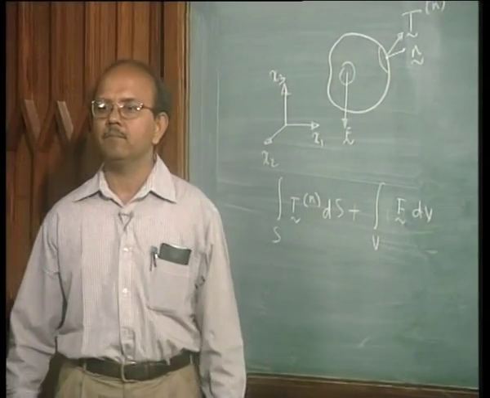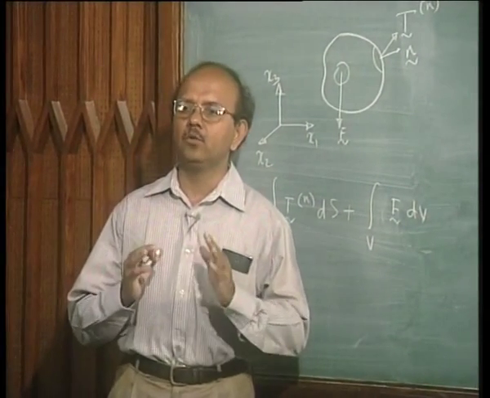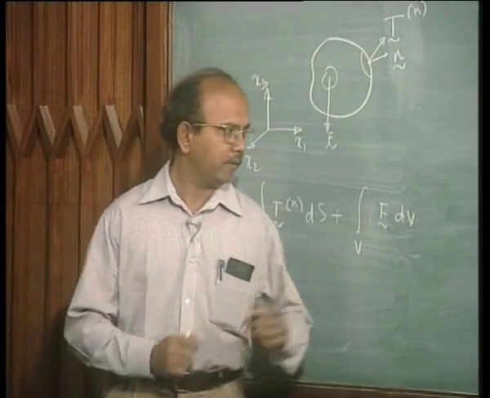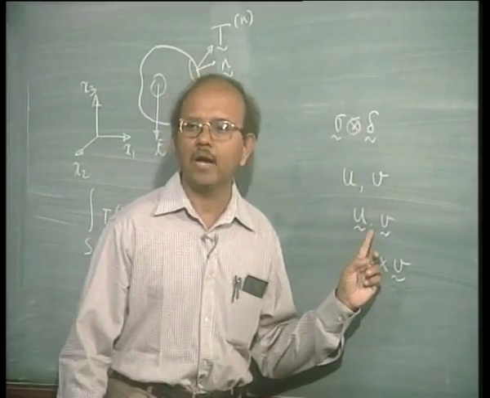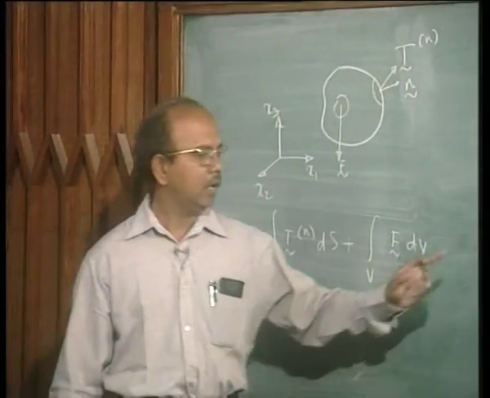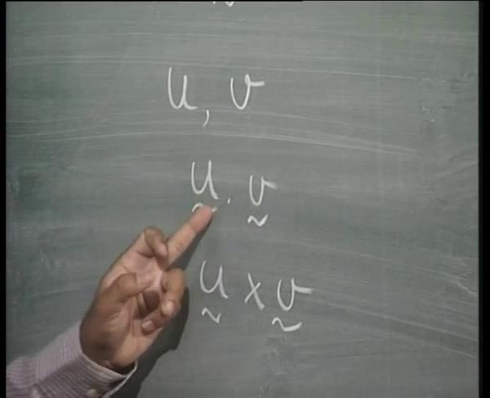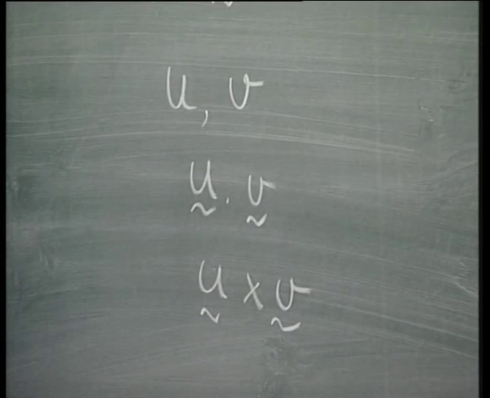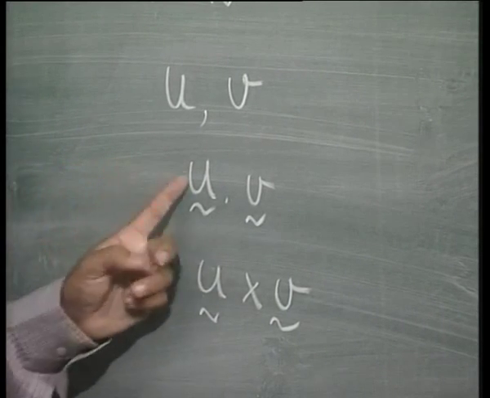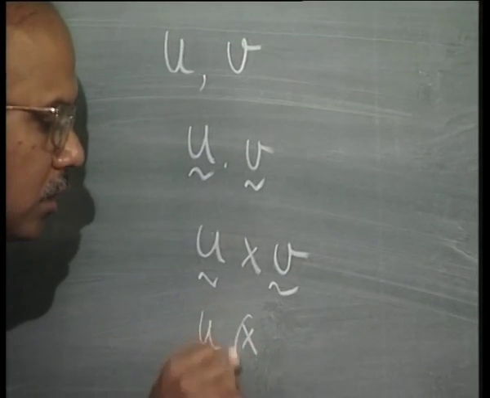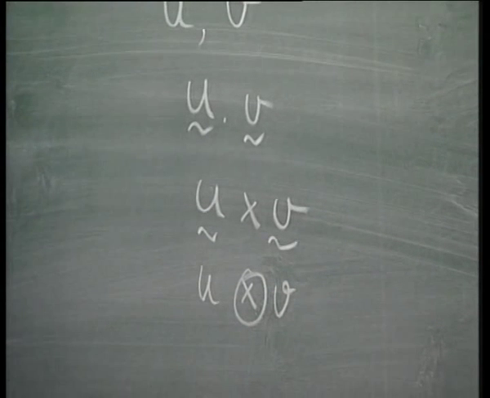So similarly, you can look at a number of operations with tensors also. Now what did we do here? Actually you have ui vj. I made j equal to i in order to get the scalar product. In fact, it is not that there are only two operations with vectors. I can have another operation called u dyadic v.